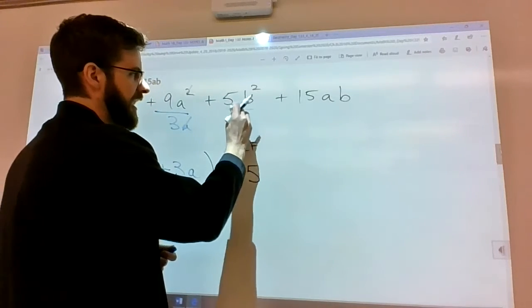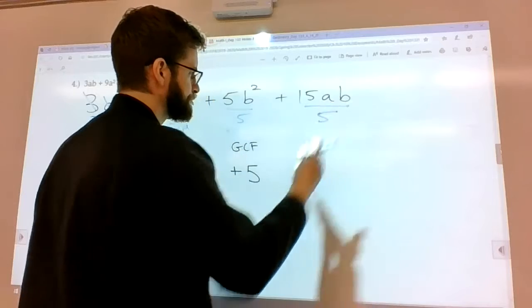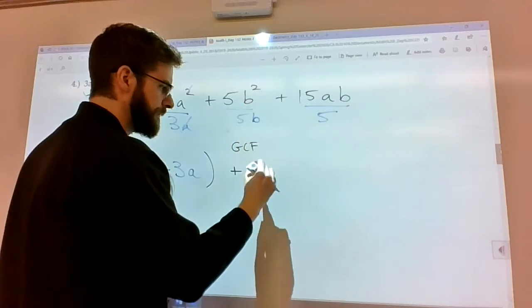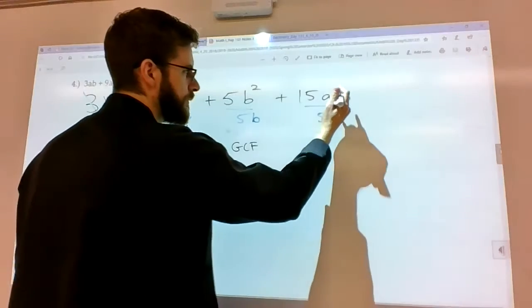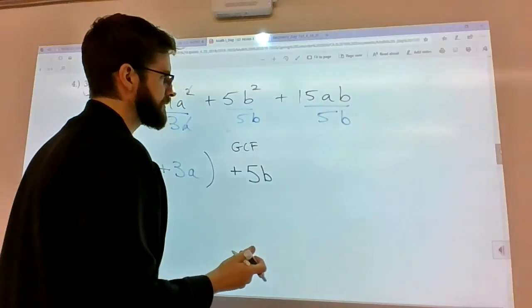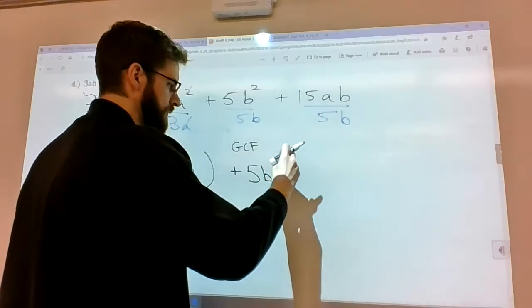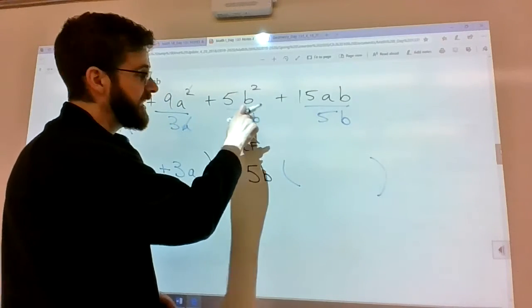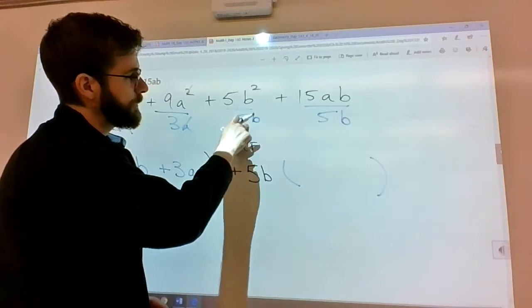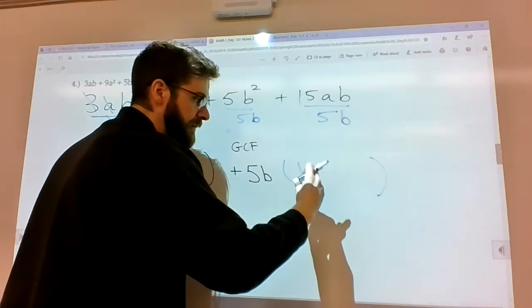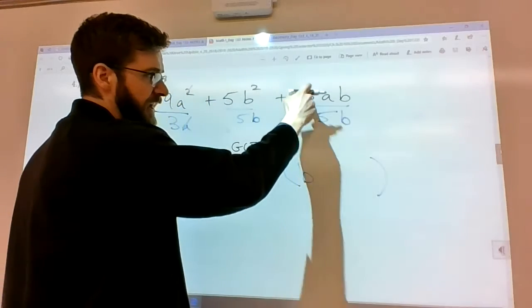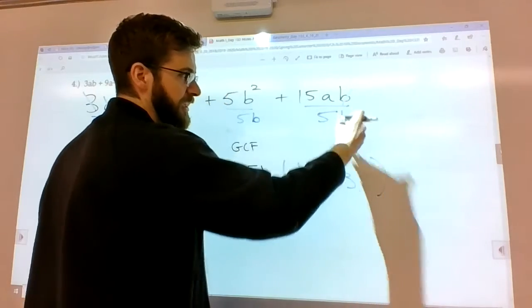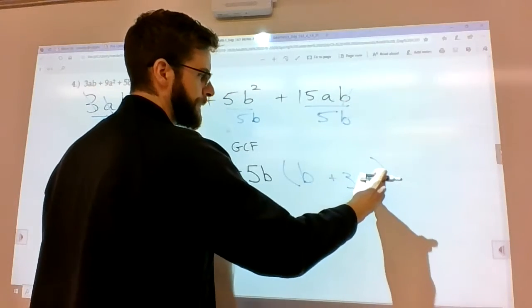I'm dividing by 5, dividing by 5, and I also have a b that they share. They don't share anything else. So the leftovers will be 5b squared divided by 5b: 5 divided by 5 is 1, b squared divided by b is b. 15ab divided by 5b: 15 divided by 5 is 3, b divided by b is 1, but there's an a left over.